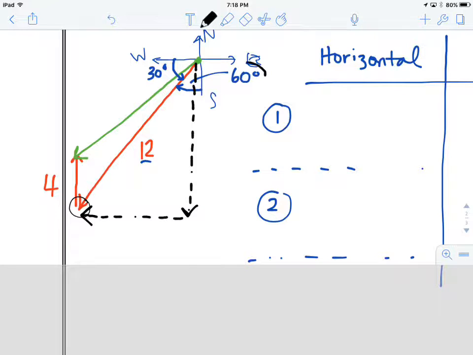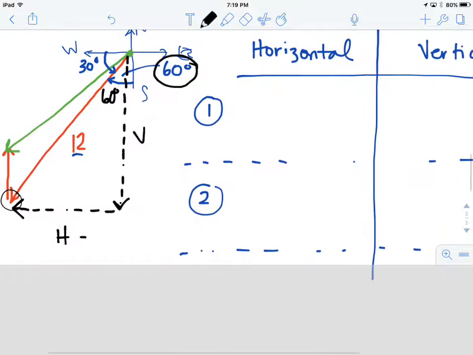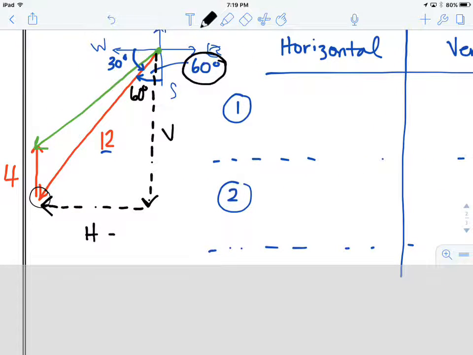You can see now why this angle of 60 was important, because that's what this interior angle is here. It's 60 degrees. And now I've got my horizontal and I've got my vertical. So here's horizontal, here's vertical. Okay, and what I'm going to say then is, if this internal angle is 60 degrees, I'm going to go with the horizontal first. This is the opposite side.